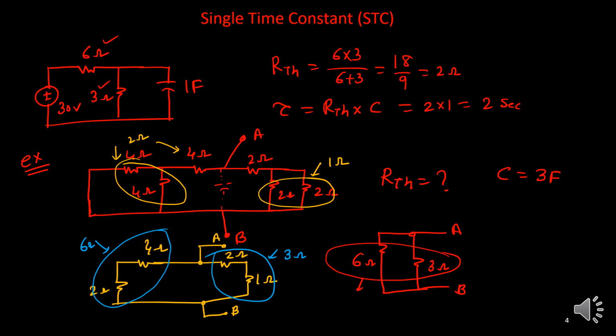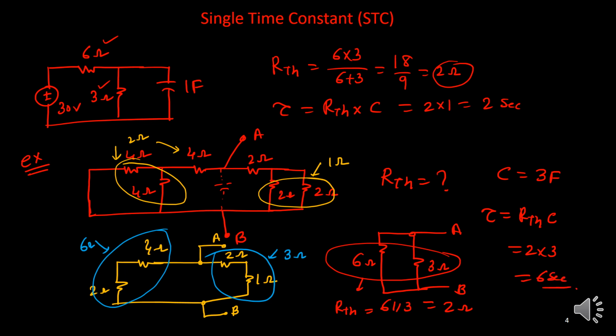RTh equals 6 parallel 3. That we have already done, it is 2 ohm. So RTh is 2 ohm. Thus the time constant tau will be RTh times C. So here it is 2 into 3 equals 6 seconds.